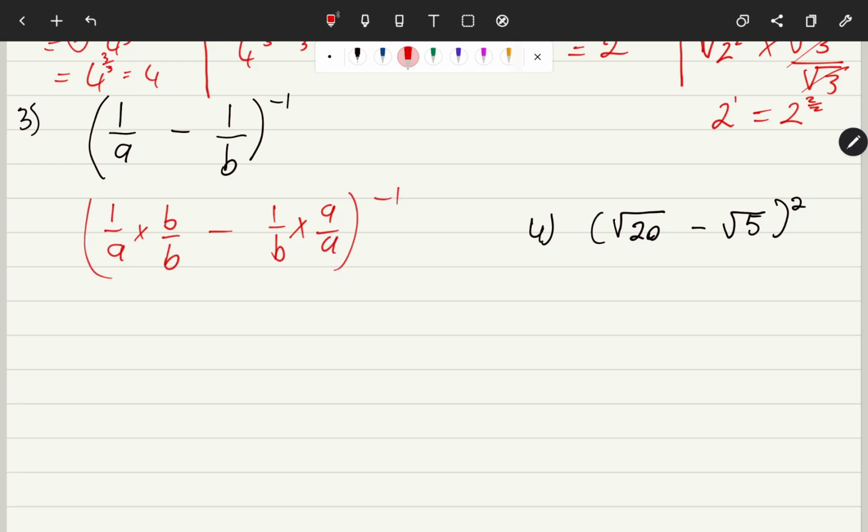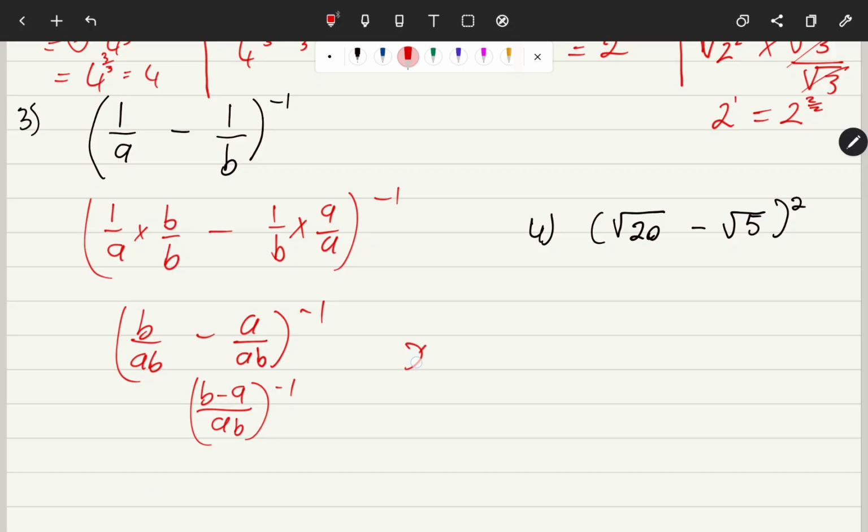Then you have b over ab minus a over ab. So minus 1, and of course you have b minus a over ab, right? Minus 1. So this minus 1 is very interesting.